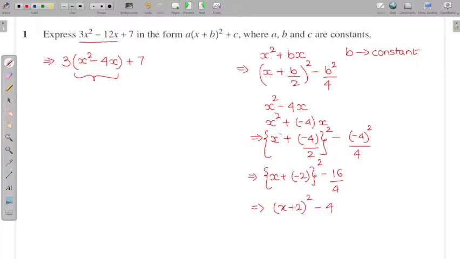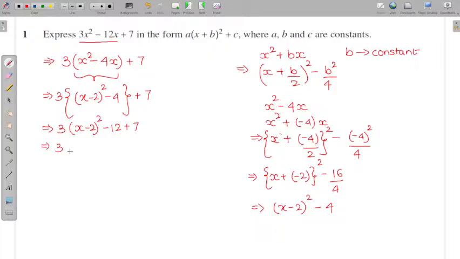So once we get this expression, we are going to substitute it back out here. So 3 bracket x minus 2 whole square minus 4 bracket close plus 7. So next step will be to open up the brackets. So it will be 3 bracket x minus 2 whole square minus 12 plus 7.